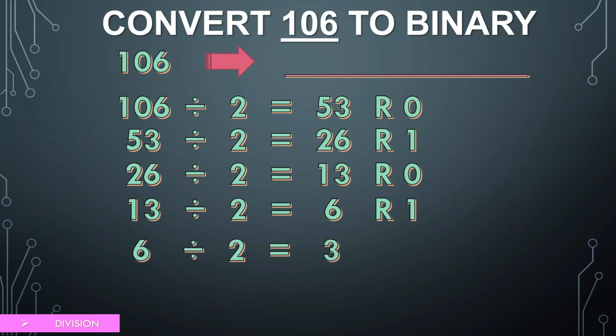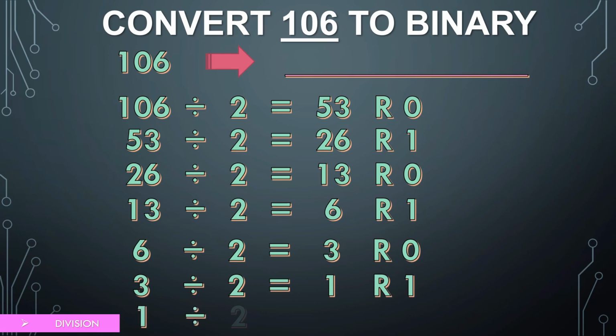Next, 6 divided by 2 is equal to 3, remainder 0. 3 divided by 2 is equal to 1, remainder 1. 1 divided by 2 is equal to 0, remainder 1. So let's stop there.